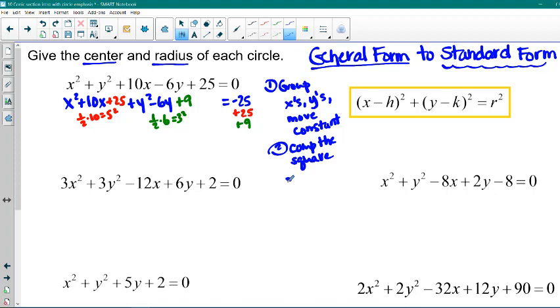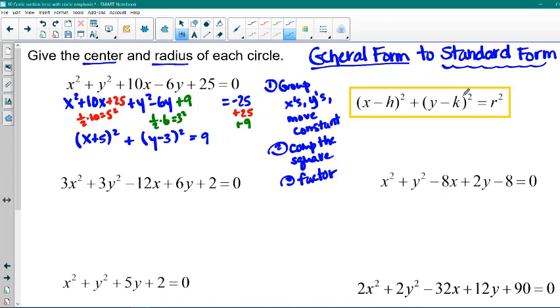The next thing we will do is factor our perfect square trinomials. So x squared plus 10x plus 25 factors into x plus 5, quantity squared. y squared minus 6y plus 9 factors into y minus 3, quantity squared. And then this is equal to negative 25 plus 25 plus 9, which is 9.